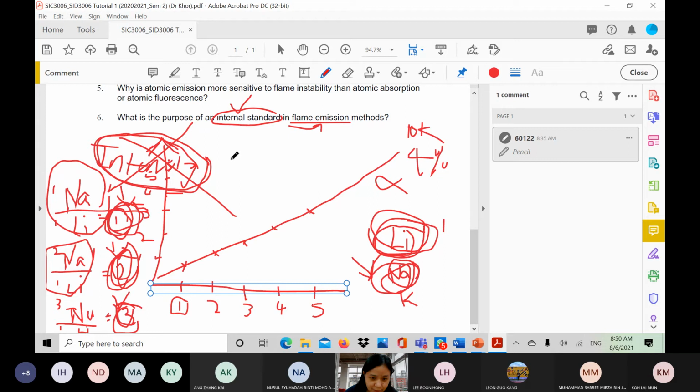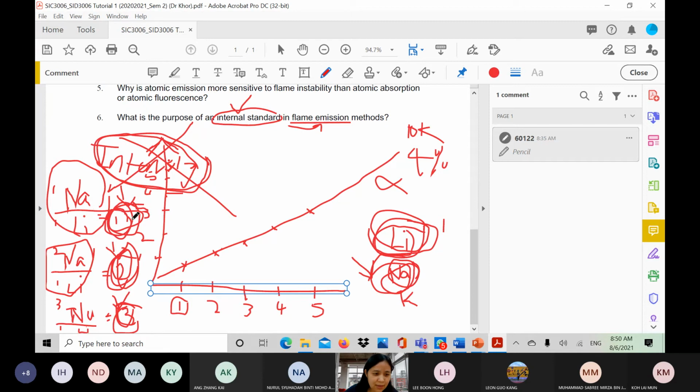If we do the calibration plot, instead of using absolute intensity from the target analyte sodium, we change the y-axis. What we measure is the ratio emission intensity between the target analyte and the internal standard. The internal standard concentration should be fixed, either in standards or in the unknown sample, right? So because this ratio intensity is a constant, it won't change.